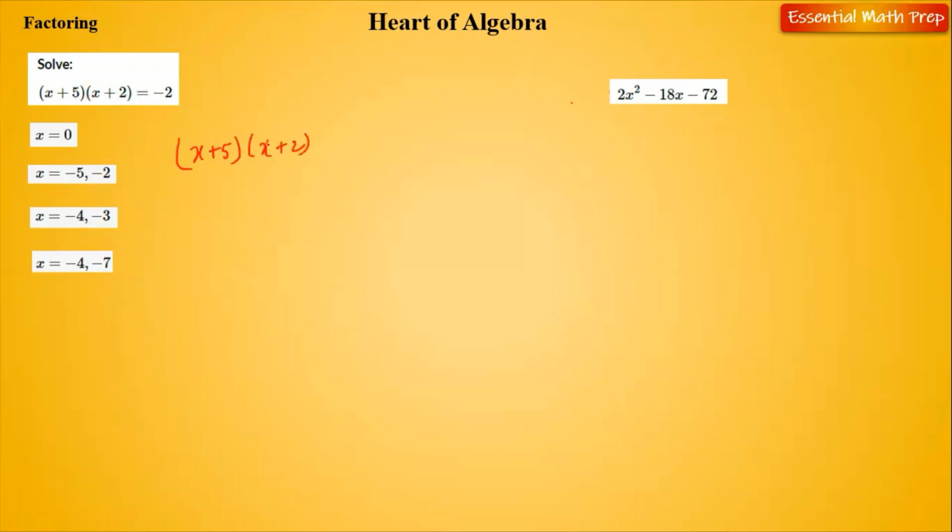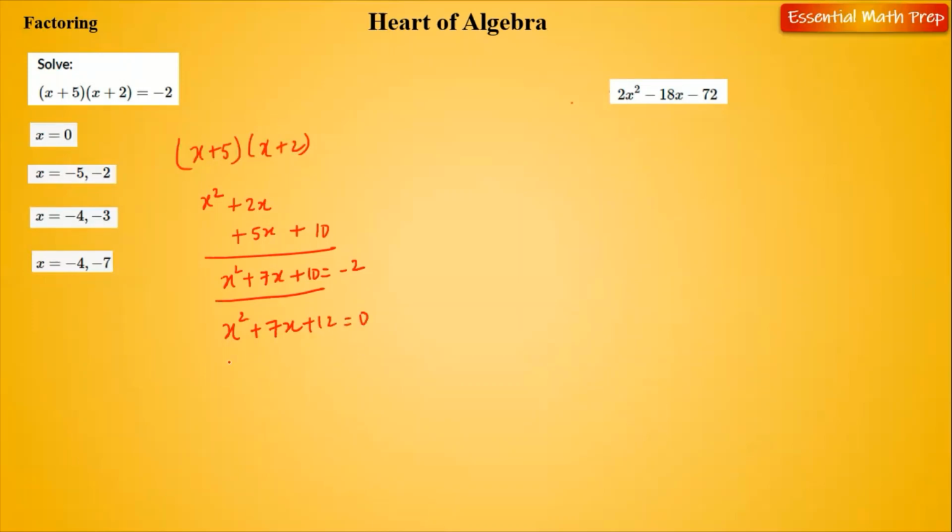First you multiply the first terms, which is x times x, which is x squared, and then the outer terms, which is x times 2, which is 2x, and then the inner terms, which is 5 times x, and then the last two terms, which is 5 times 2, which is 10. If you add these, it becomes x squared plus 7x plus 10. Now that equals negative 2. So x squared plus 7x, and if you add plus 2 on both sides, you get this as the expression.